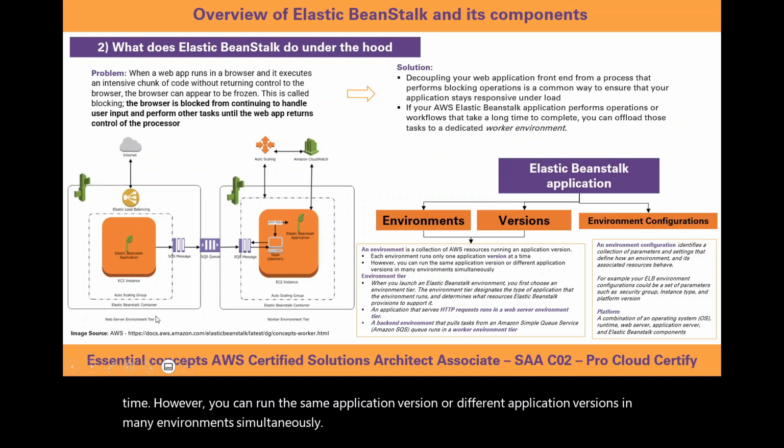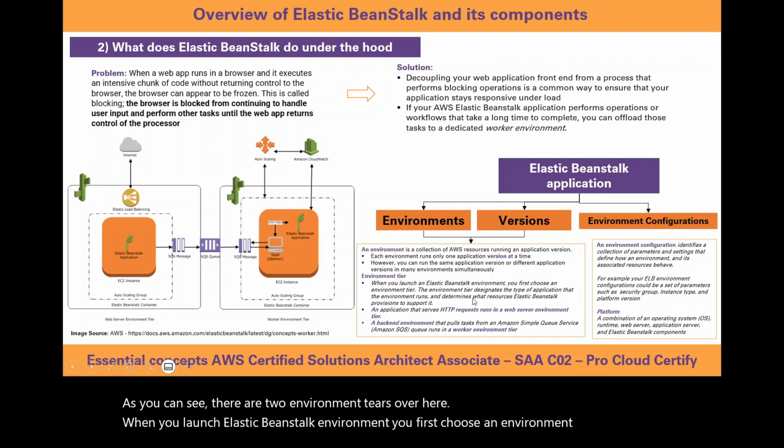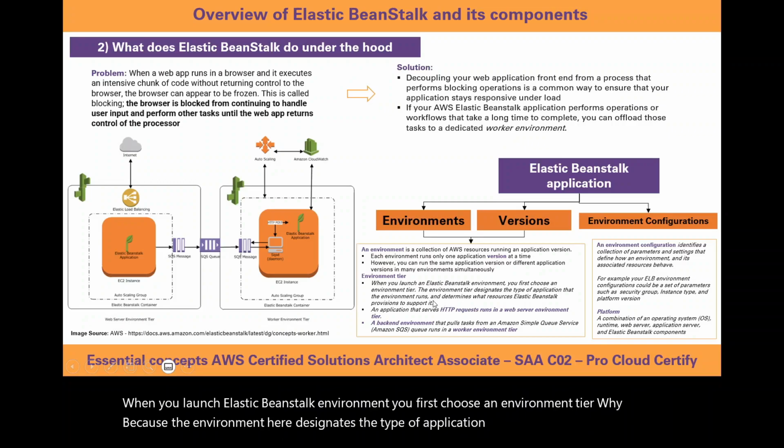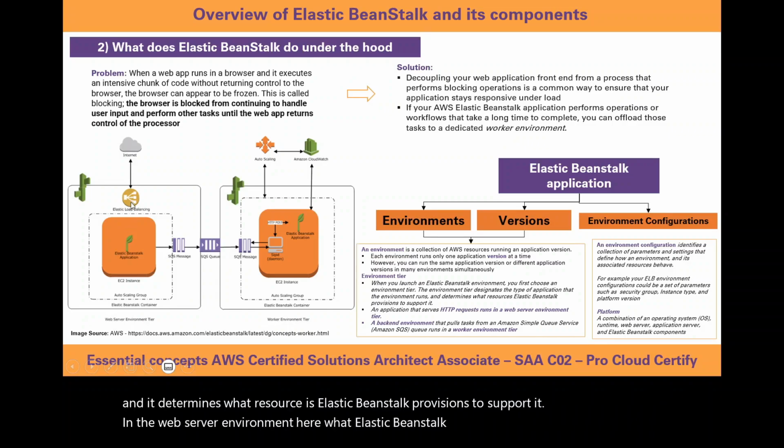The environment tier. As you can see, there are two environment tiers over here. When you launch an Elastic Beanstalk environment, you first choose an environment tier. Why? Because the environment tier designates the type of application that the environment runs, and it determines what resources Elastic Beanstalk provisions to support it. In the web server environment tier, what Elastic Beanstalk provisions is Elastic load balancing and an autoscaling group.